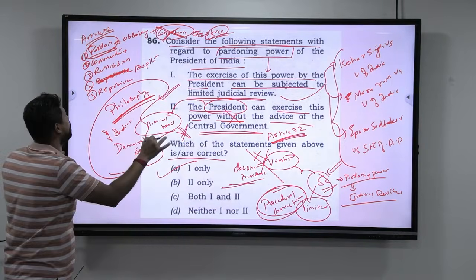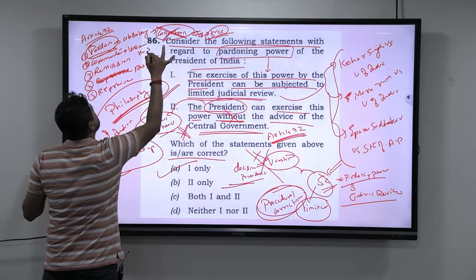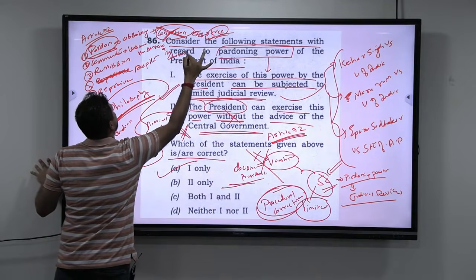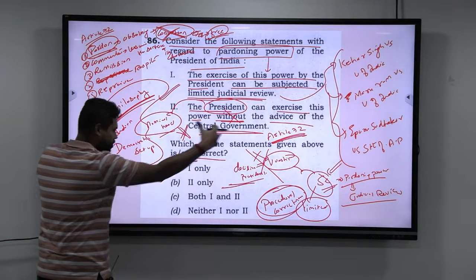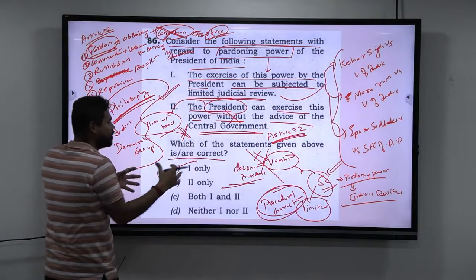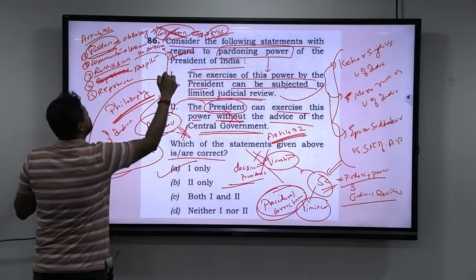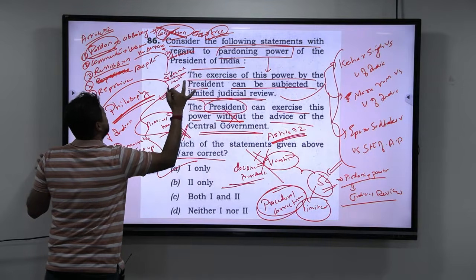Commuting means you are lessening the sentence and its character. That is, if the sentence is 10 years, you are lessening it to 5 years, and you are reducing the character. That is, if it was harsh, then you will make it less harsh. Remission is reducing the sentence, but not character.